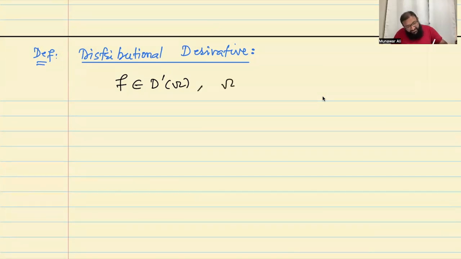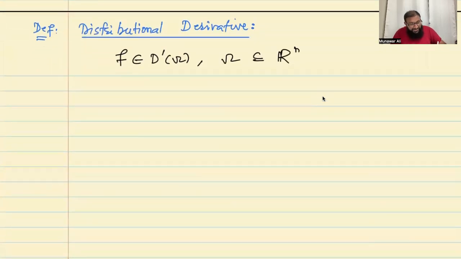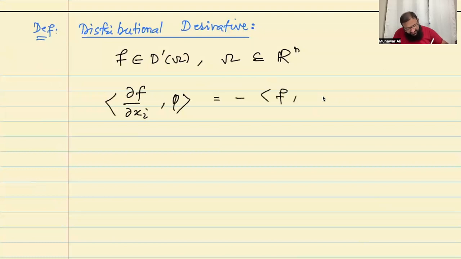So I'm taking omega from R^n. How can I say that there is some sort of derivative of f? The derivative of f with respect to some component x_i operated on phi is the same as negative f operated on the derivative of phi with respect to the ith component.